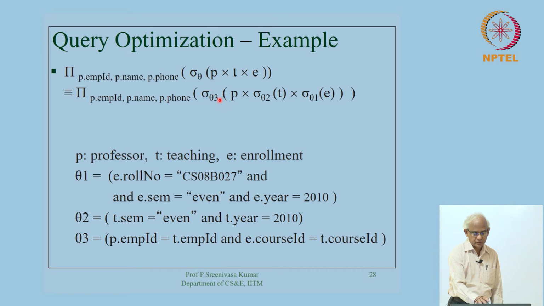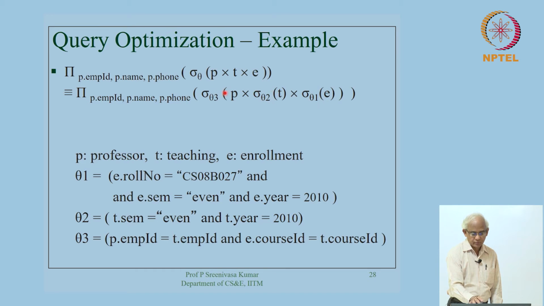Then having realized that this theta 1 is actually applicable to enrollment, I can now push it all the way towards E, because this theta 1 is completely working on the E enrollment relation. So I can take this theta 1 that is part of this theta and push it all the way here. You agree with that?